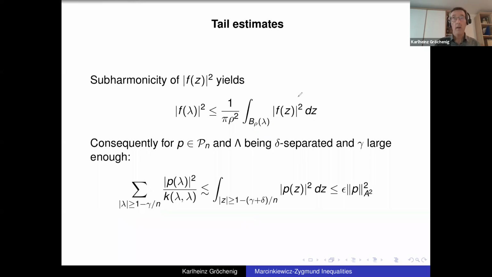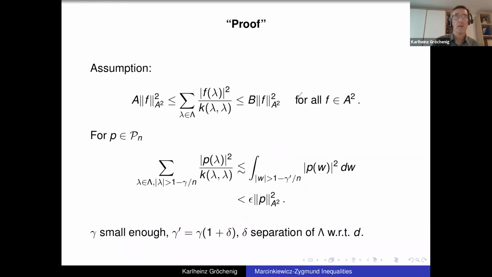And finally, I can sketch you one of the arguments, namely the argument that sampling implies Marcinkiewicz-Zygmund family. So the assumption is that we have a sampling set for Bergman space. Now we restrict to the subspace of polynomials of degree n. And we first do away with the tail region, the region near the boundary.